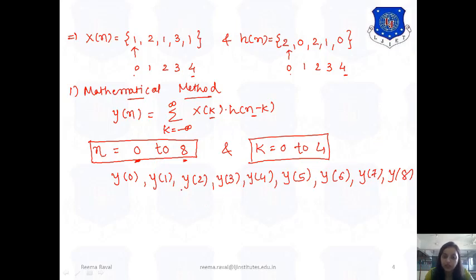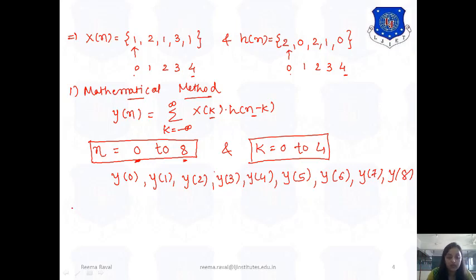Because for each and every instant you have to vary the range of k, and according to that particular instant you will have to place the value of x of n and h of n in the particular instant, right? So like this you need to find total 9 values, okay, which we have seen in the mathematical method for 3 or 4 length sequences, right?